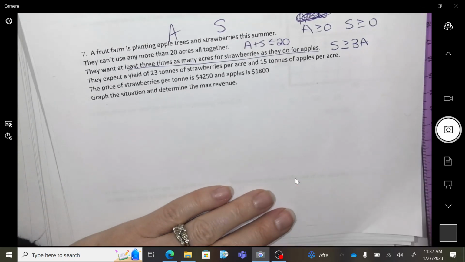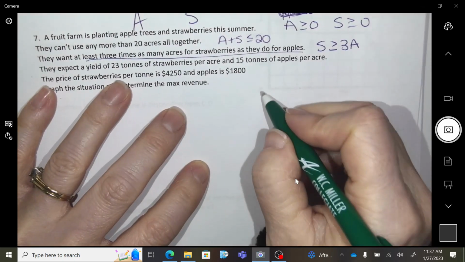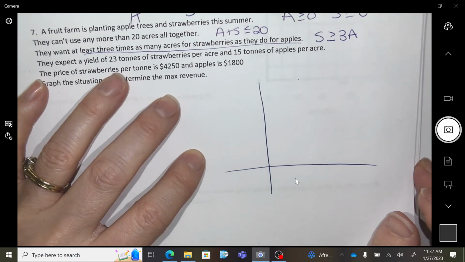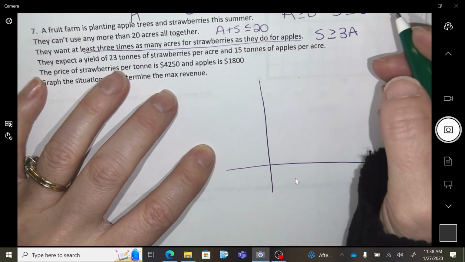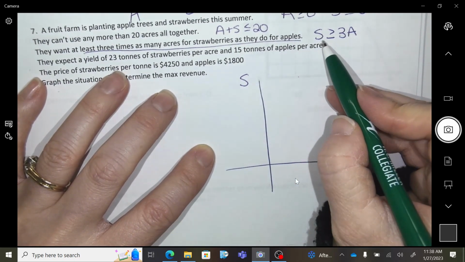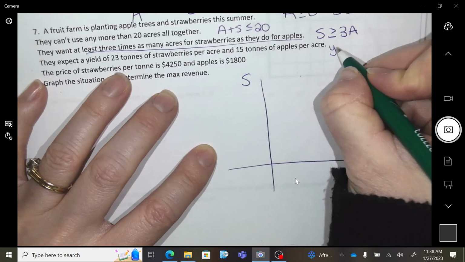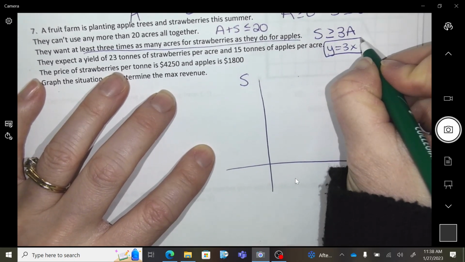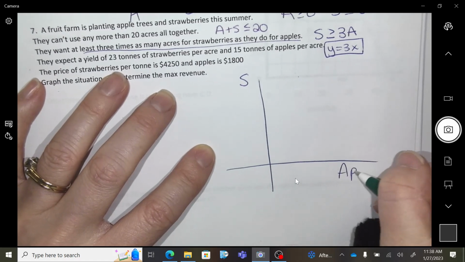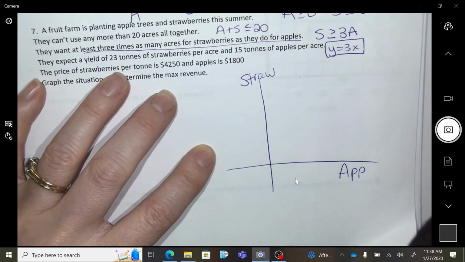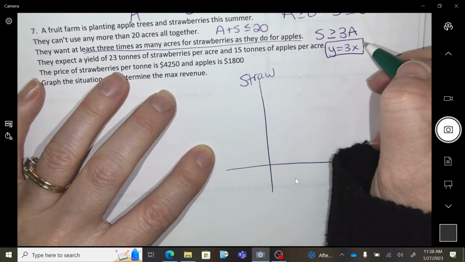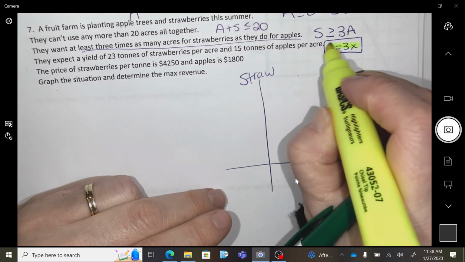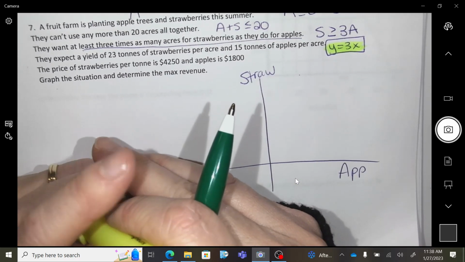Okay, we are going to graph this situation. Which variable would you pick to be your y? Strawberries, because then this one's already set up to be a y equals 3x type. And apples. Okay, so this is my calculator. Y equals 3x, I will type into my calculator.